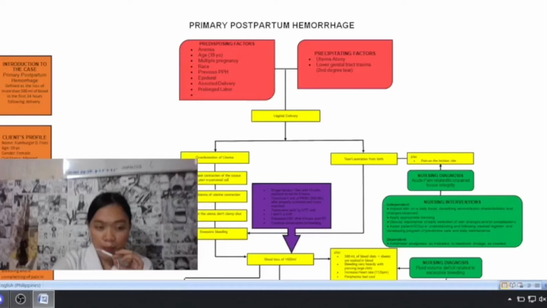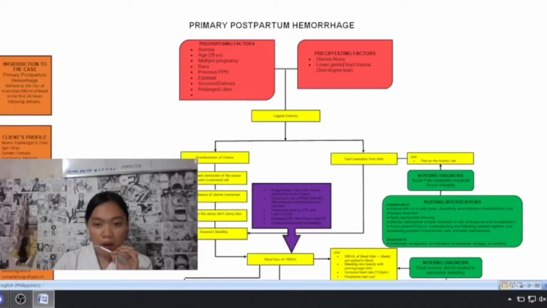Back here in the uterine overdistension, the uterus was overstretched because of multiple pregnancy, because she delivered twins.